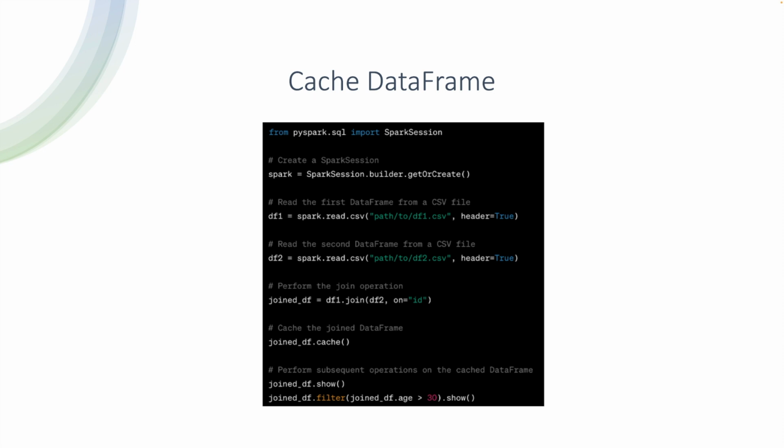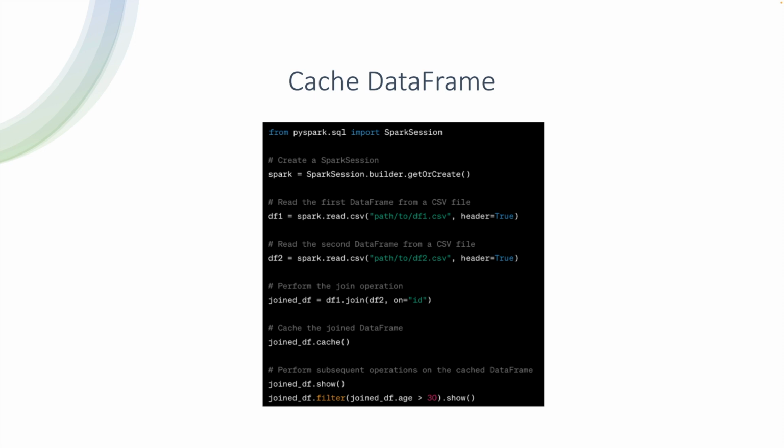Second one, extending from the previous slide, is that we want to cache the data frame as early as possible. Some good checkpoints to cache the data frame are right after the join, or right after reading the data frame from a Parquet file or SQL Server or anywhere. The reason is that Spark is lazily evaluated and it follows the DAG.